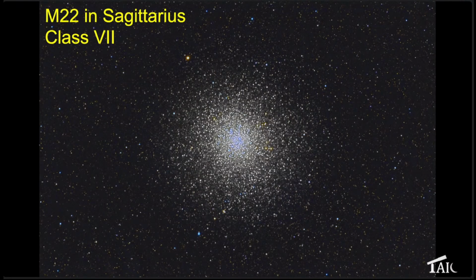This is M22 in Sagittarius, and it's a class 7 globular star cluster. And again, one of the largest apparent diameters of a globular star cluster in the sky. And this one is embedded smack dab in the middle of the summer Milky Way. So again, it's surrounded by countless numbers of stars, but look at how much fainter these stars are because there's so much intervening galactic dust.